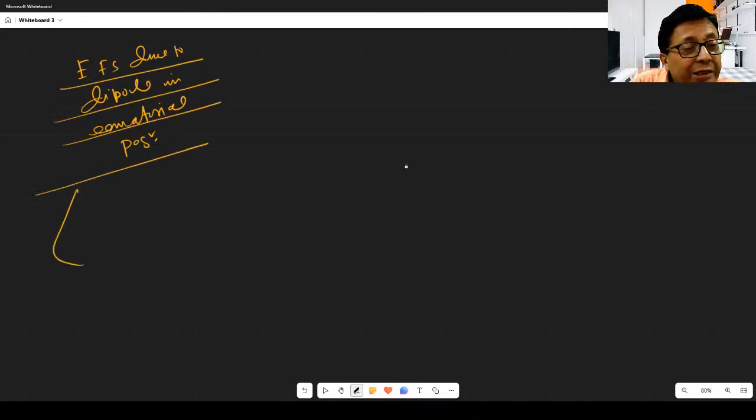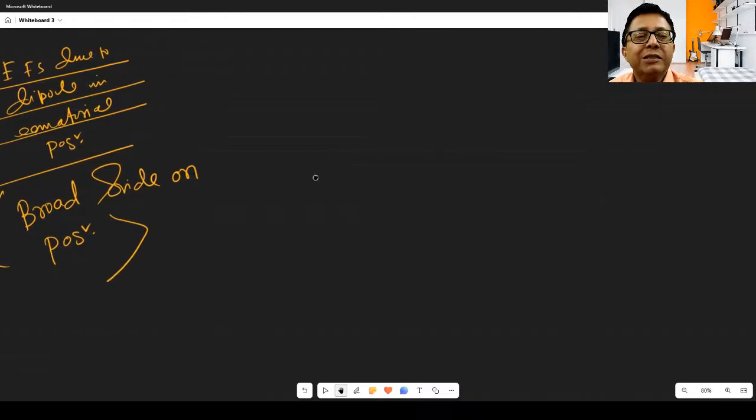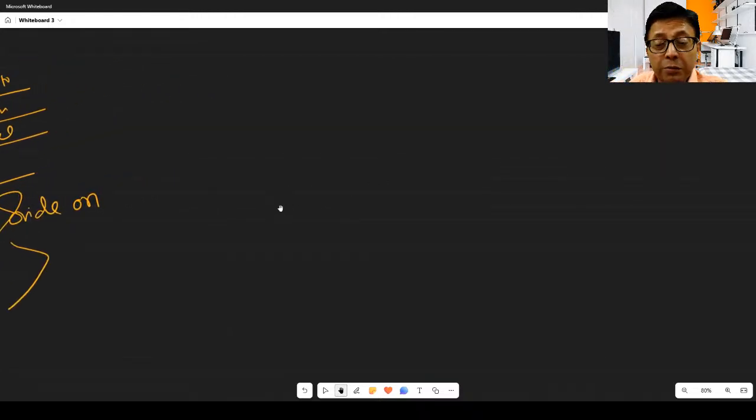There is another name of it: broadside on position. EFS in equatorial position or broadside on position.